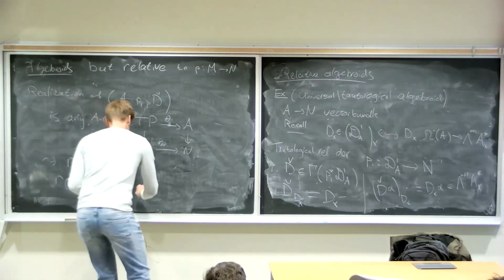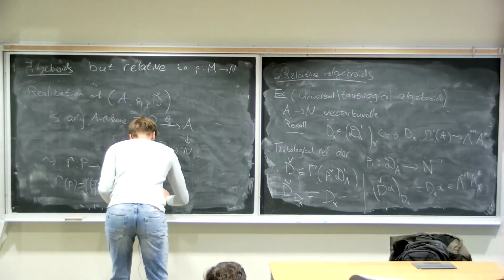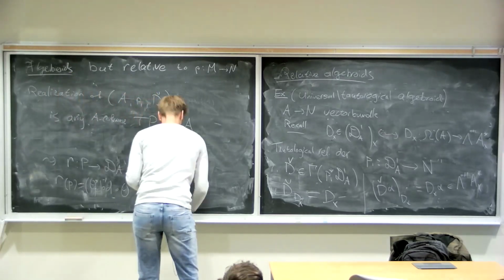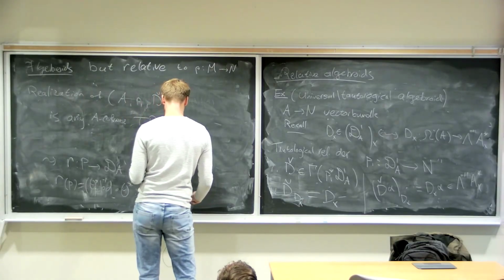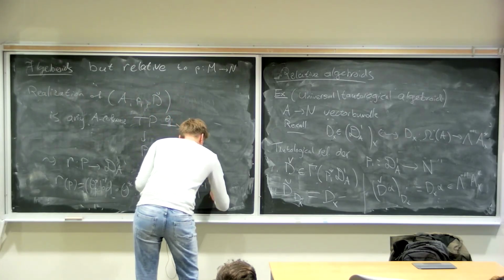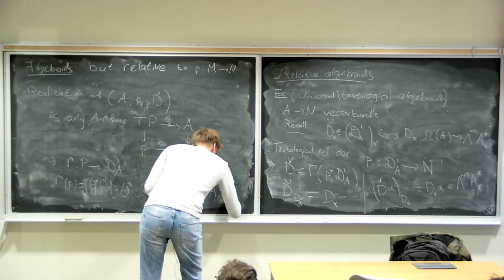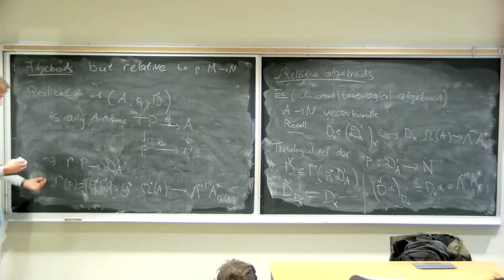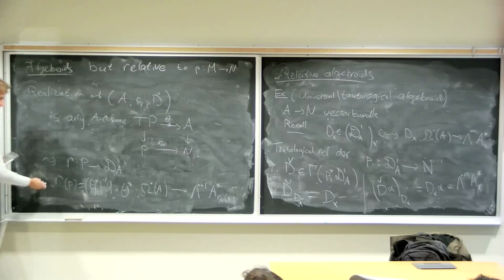And this makes sense because it now goes from forms on A to forms of degree plus 1 on A, pulled back by P star. So you pointwise push forward the de Rham differential. And this gives us a realization of the universal relative algebroid.